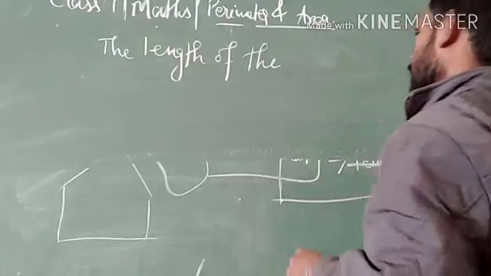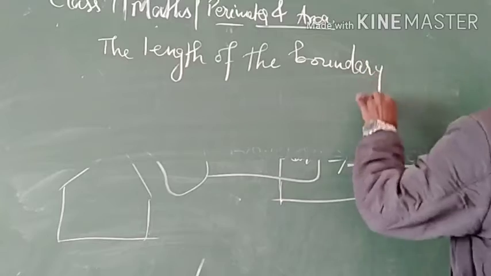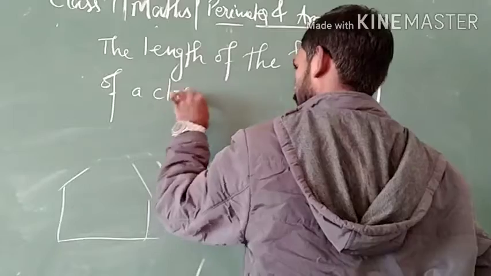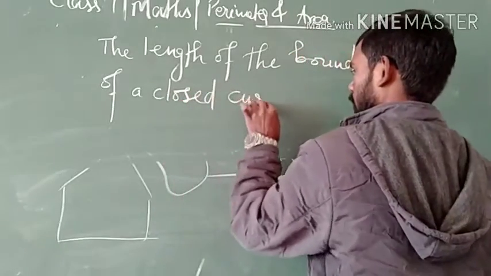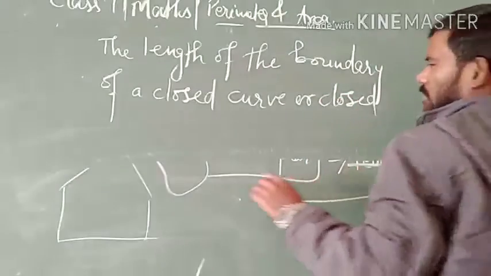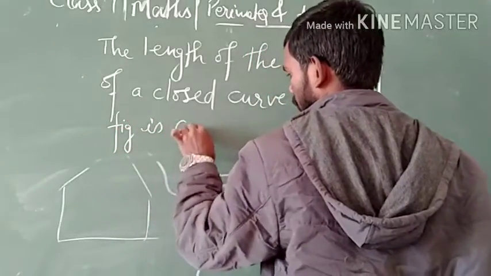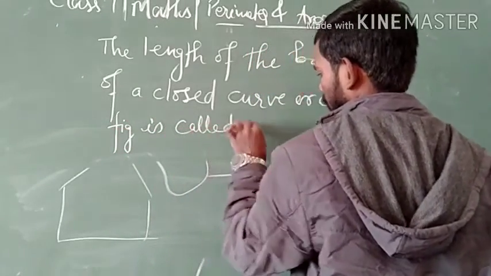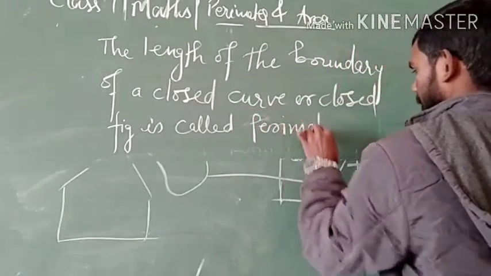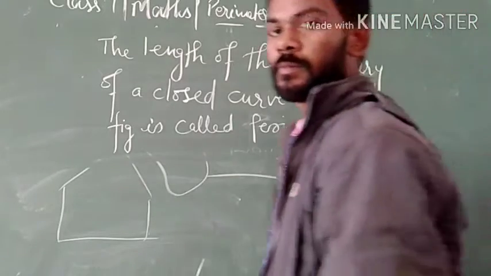The length of the boundary of a closed curve or closed figure is called perimeter.